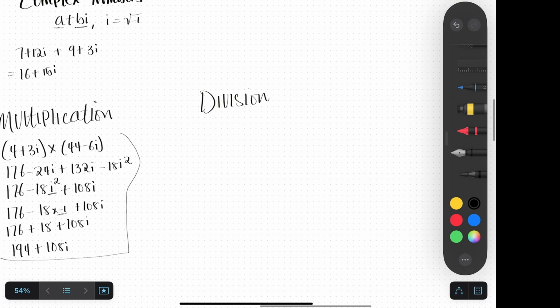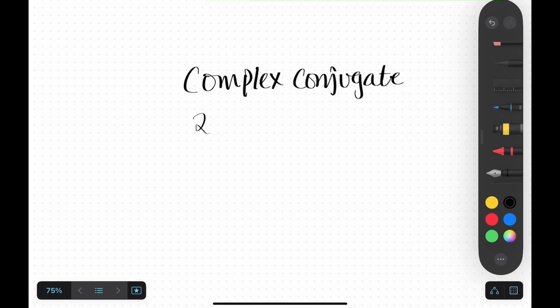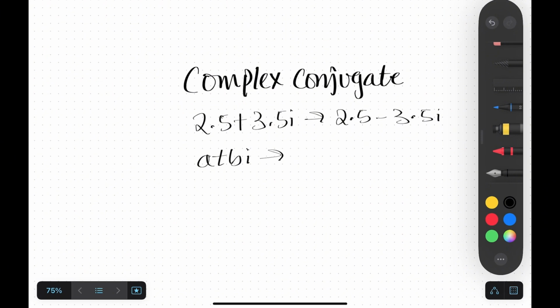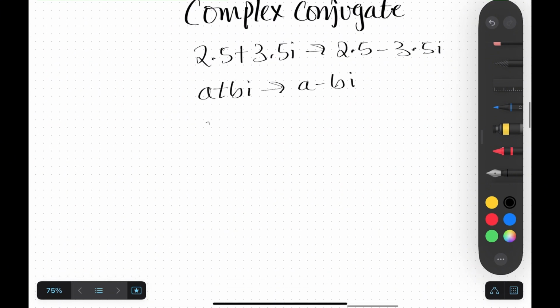Division of complex numbers requires us to know of the complex conjugate. The complex conjugate of a complex number 2.5 plus 3.5i is 2.5 minus 3.5i. In general, the complex conjugate of a plus bi is a minus bi. This is useful when you multiply them together.